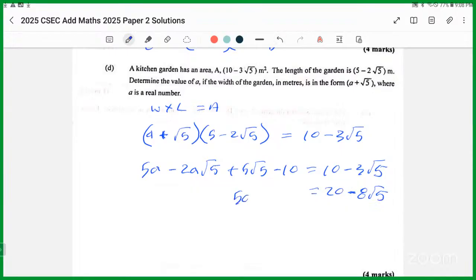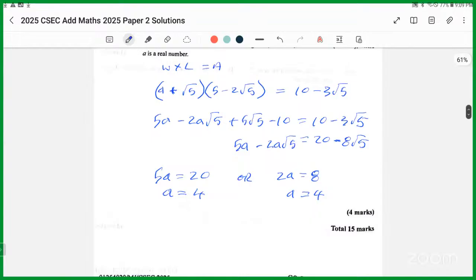So it's 5A minus 2A root 5. So we can say 5A equals 20. 5A equals 20, so A equals 4. So it works this way as well. Or you could say 2A equals 8 to compare that. 2A equals 8, so A equals 4. Let me look at it, A equals 4.